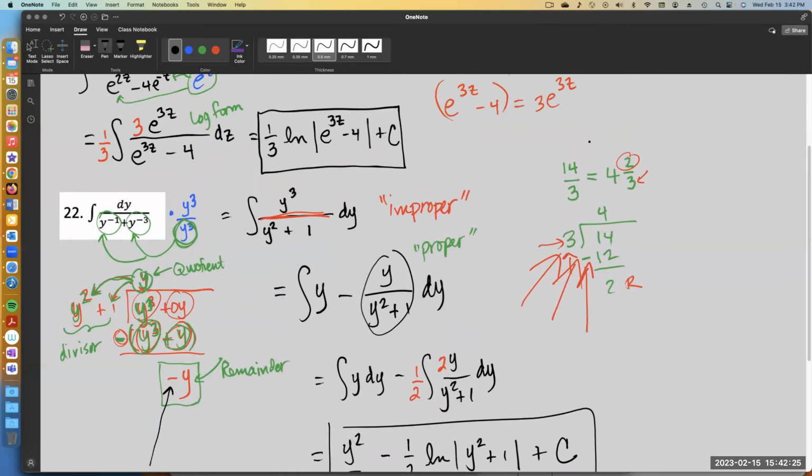Let's look at the number again. 4 2/3 is 4 plus 2/3. So it's that same idea. This is the quotient right here, and then we have the remainder divided by the divisor. There's the remainder. There's the divisor. The remainder gets put in the numerator, and the divisor gets put in the denominator. Okay, that makes sense.